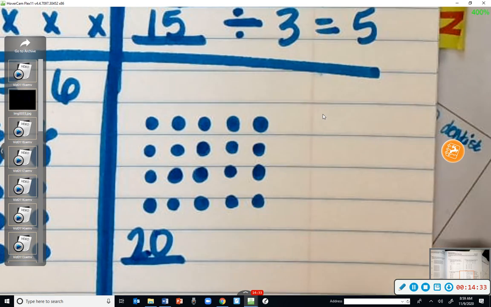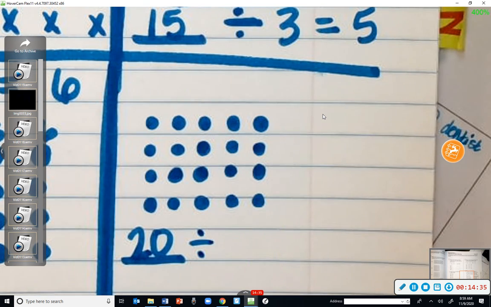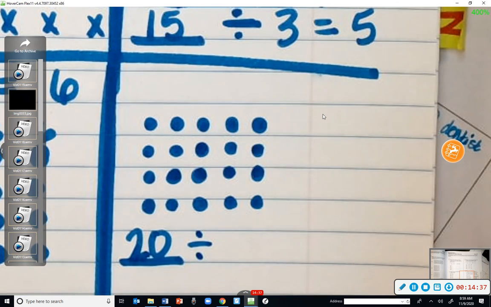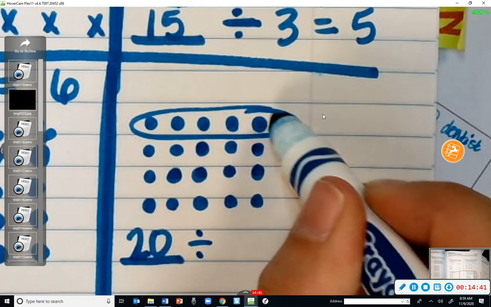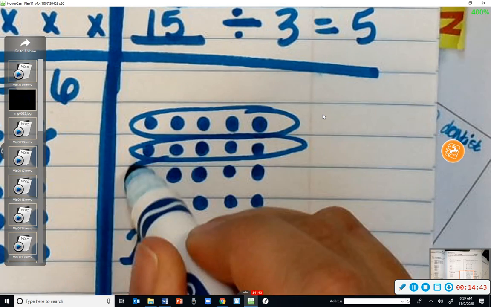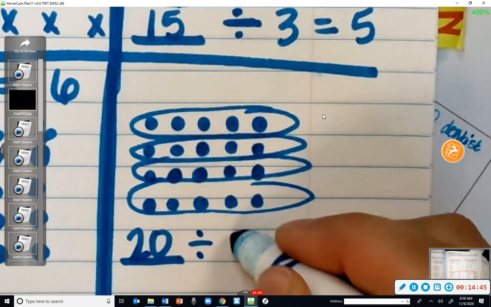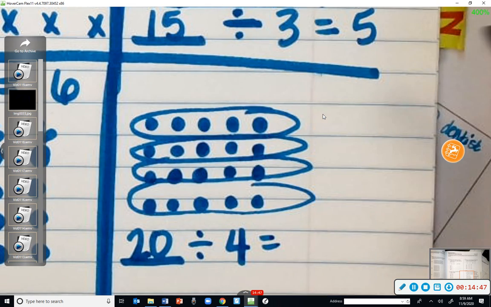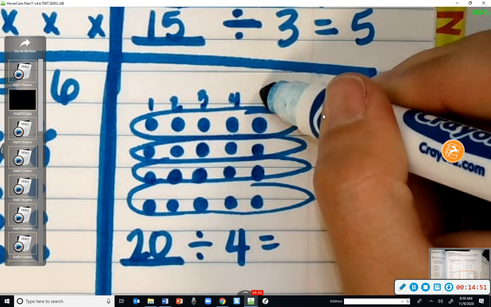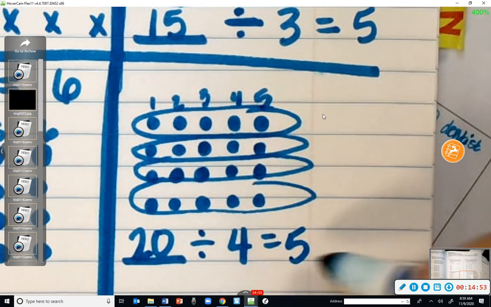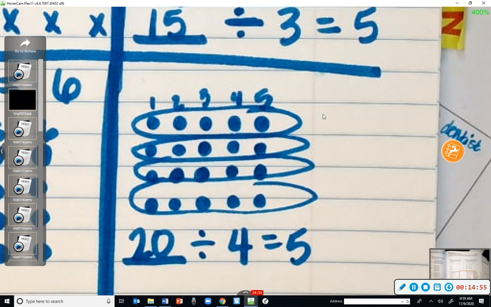You know it's 4, because there's 4 rows. 1, 2, 3, 4. And then we count how many were in each row. There's 1, 2, 3, 4, 5. 5 is your quotient. Okay? All right, any questions on arrays?